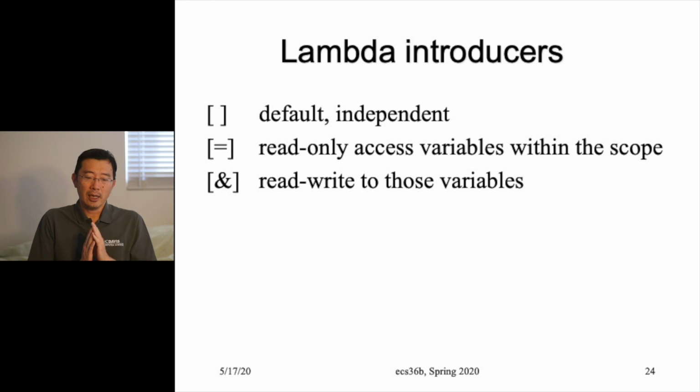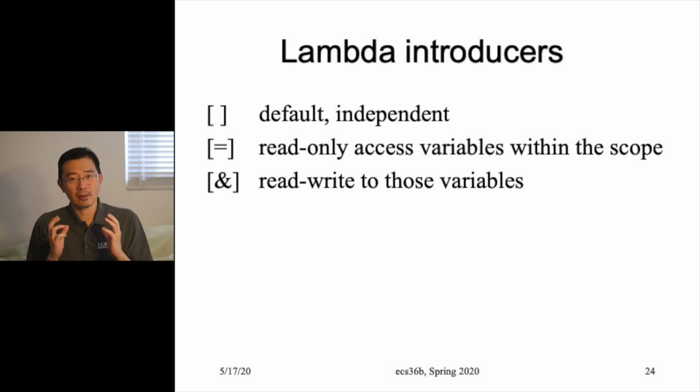If you put an equal sign, it means this lambda expression will have read-only access to any variable within the same scope. So where you put this lambda expression, it can look at some of the code within this same scope. That's useful, but it also introduces some concern.